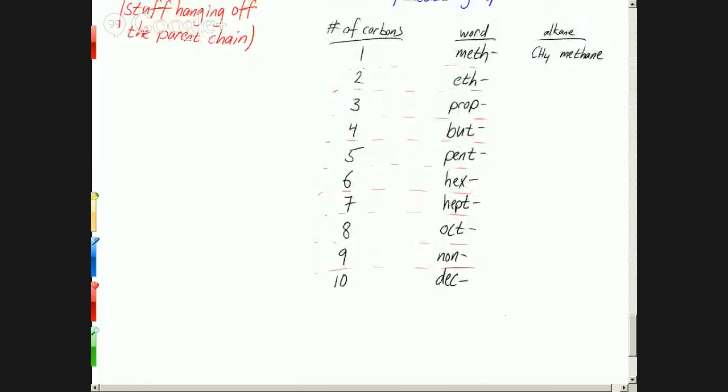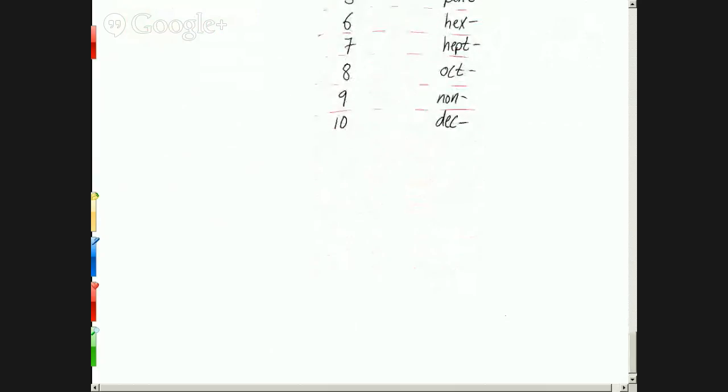Everybody have this, by the way? Okay. All right, so we'll say, what is the name of this structure? So the rules are, we got to find that longest chain, figure out how many carbons are in it, and then find the stuff that's hanging off that biggest chain. So how many carbons are in the longest chain here? 6. So we've got 1, 2, 3, 4, 5, 6.